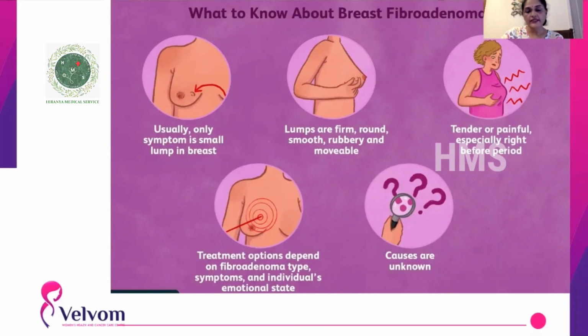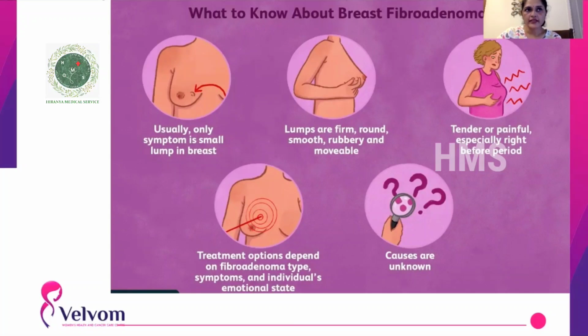If they are more than 5 centimeters or multiple, or if they're causing pain, gross deformity, discomfort, and so on, it requires removal. Else, if a biopsy proves that the swelling that you have is a fibroadenoma, no further treatment is required. Invariably, they feel like a small marble in your breast, and when you feel them, they keep moving all around the place, and they don't cause any trouble.